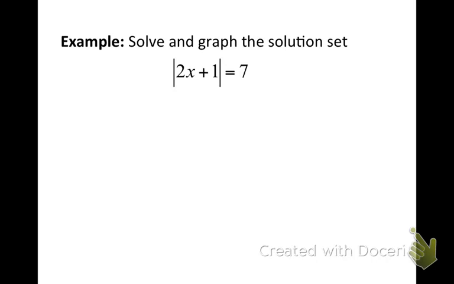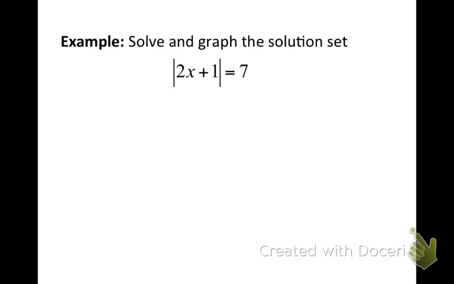No. So since my absolute value is already by itself, I'm going to think, well, I need the distance that this whole thing is from 0 needs to be 7. So what are going to be the two numbers that I would have graphed on the number line? I would have graphed 7 and negative 7.